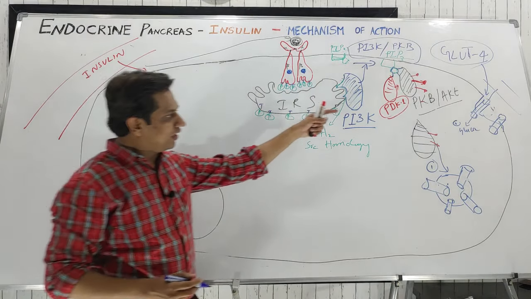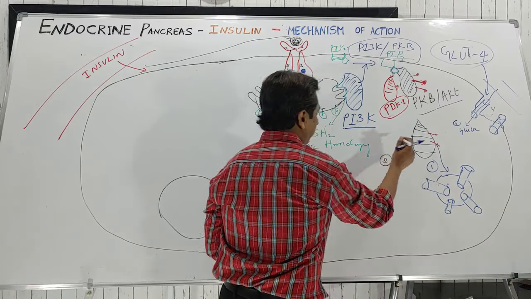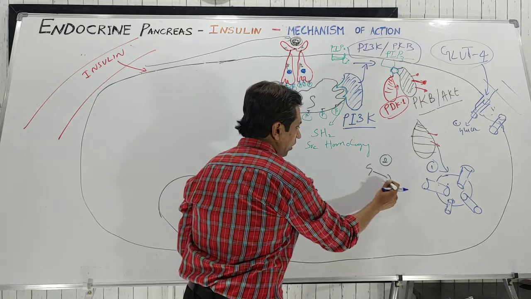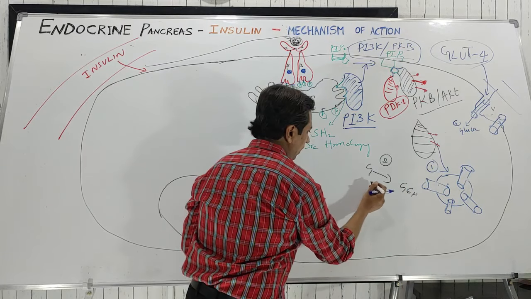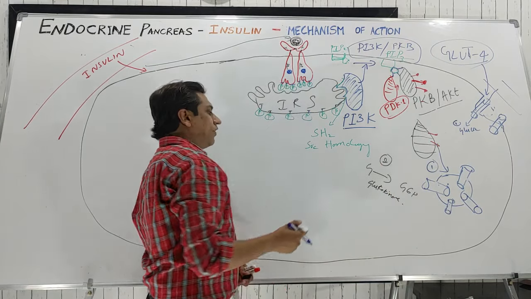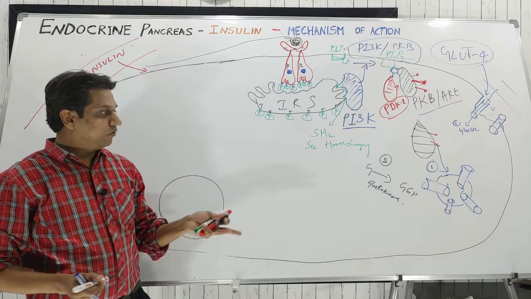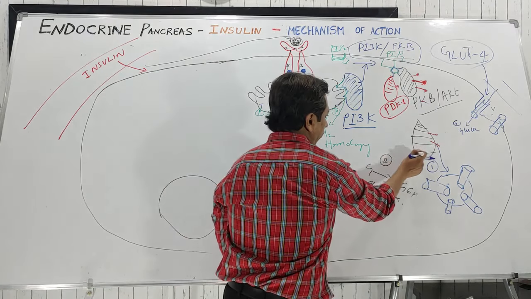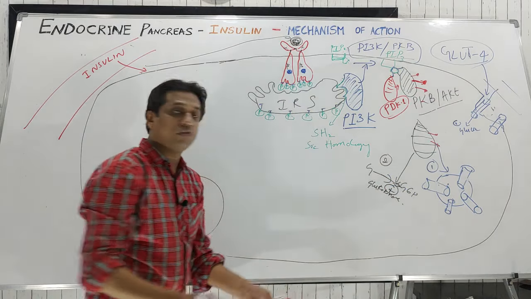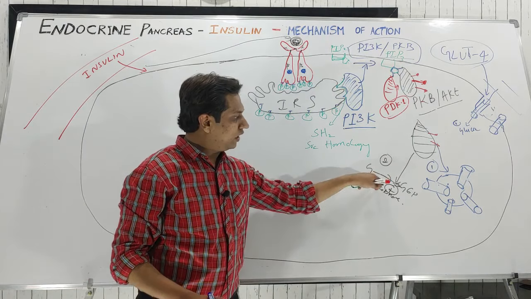Second, once the glucose enters the cytoplasm, it gets converted into glucose 6-phosphate by the enzyme glucokinase in the liver cell, and hexokinase in the skeletal muscle and adipose tissue. So this molecule will stimulate the glucokinase enzyme, and glucose gets converted into glucose 6-phosphate.